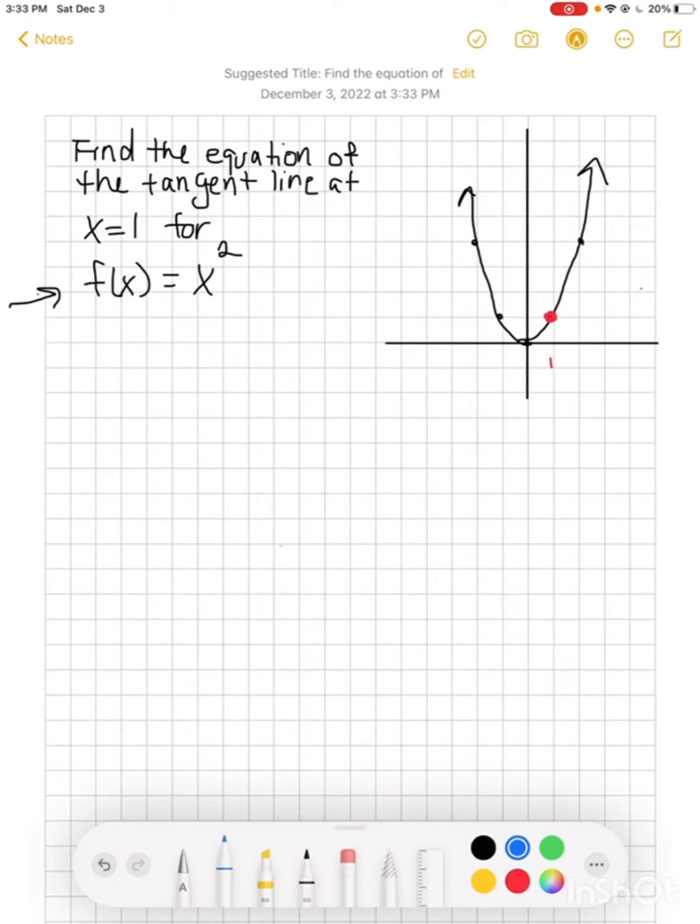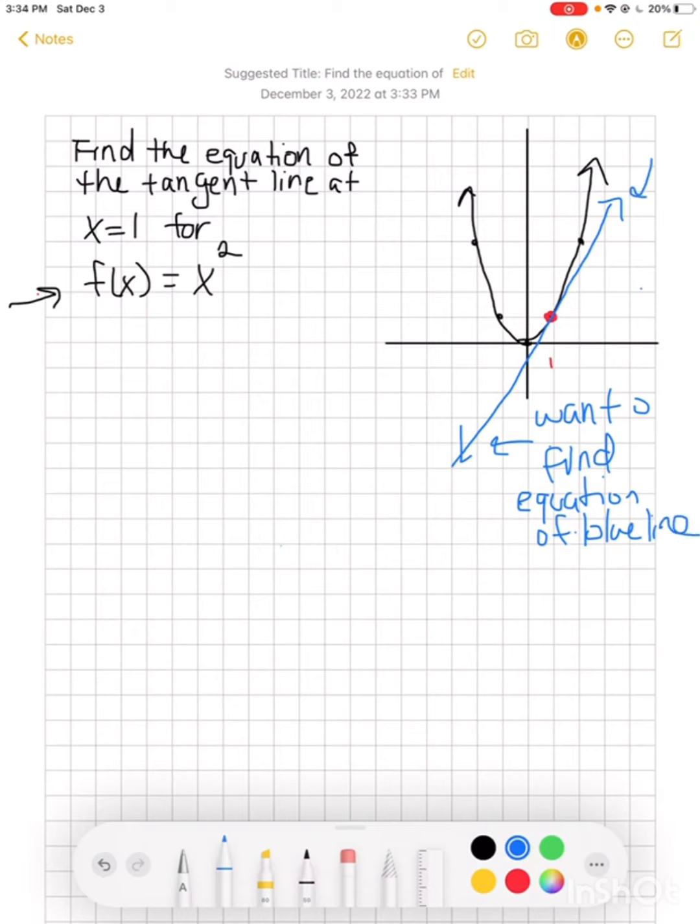I'm going to eyeball what that would look like. It would look probably something like this. And so we want to find the equation of this blue line.